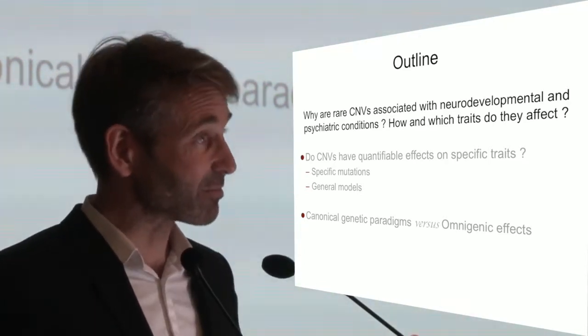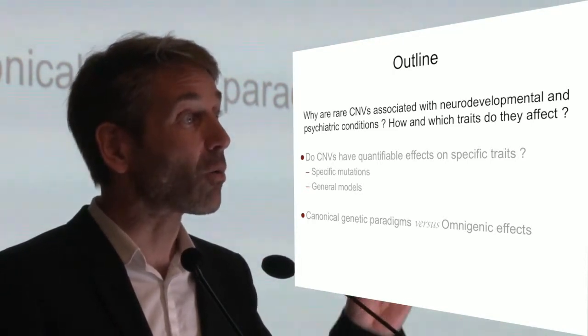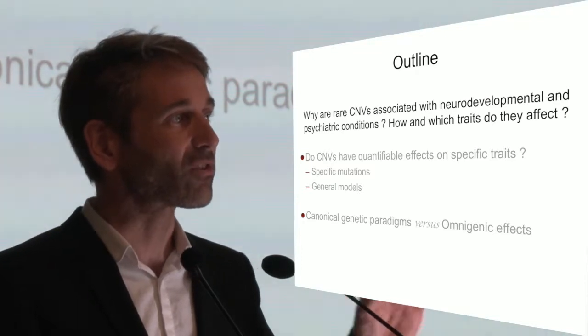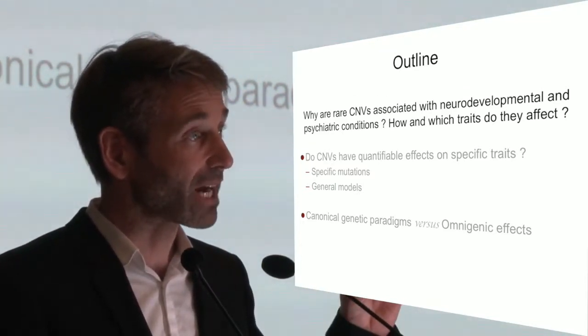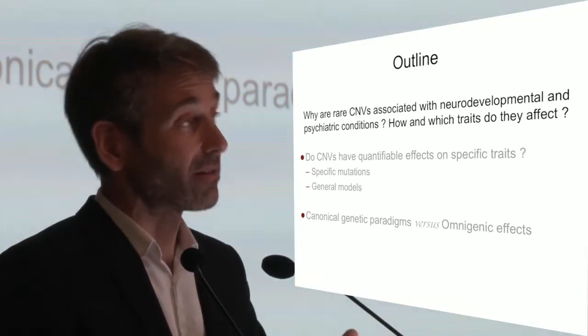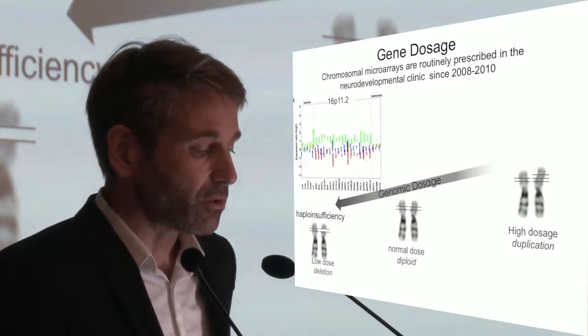For the vast majority of the variants that we see in the clinic, we do not know why they are present in our patients. So what are the effects that these mutations are driving and that are then bringing the patients to be referred to the clinic?